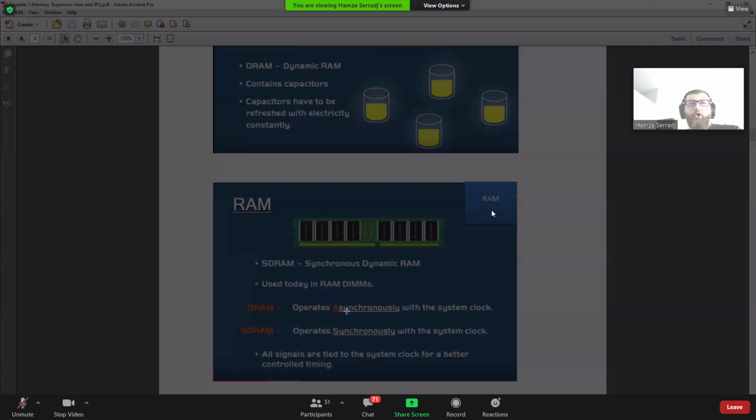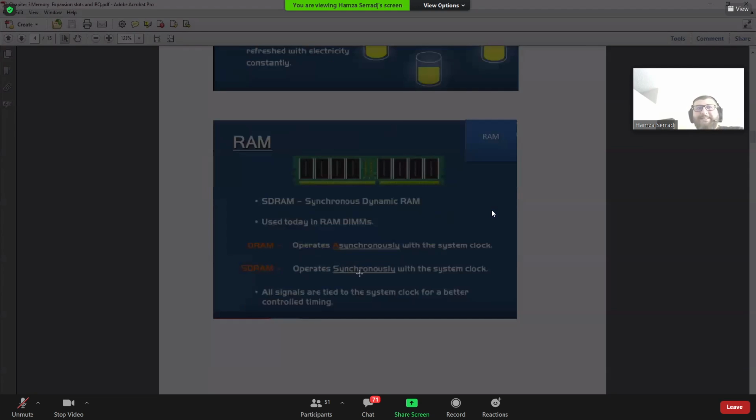Well, the DRAM operates asynchronously with the system clock, the frequency of our motherboard, the clock of the system, the RTC, real-time clock. And the SDRAM operates synchronously with the system clock. All signals are tied to the system clock for better controlled timing, and this gives us much more advantages in speed.